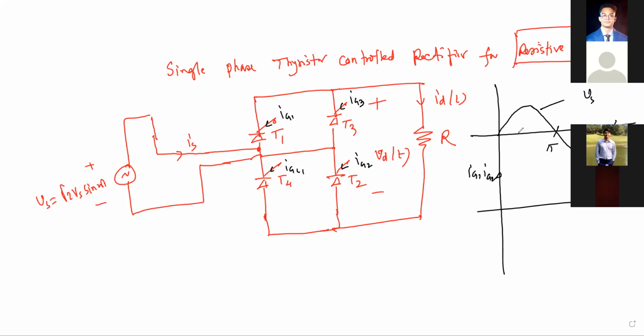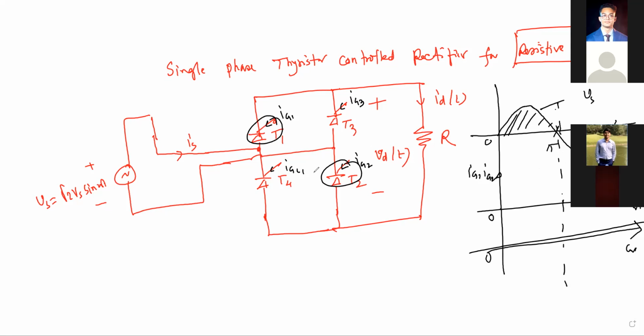Okay, so for the positive half cycle, T1 and T2 will be forward biased. Am I correct or not? Yes, sir. Current will go like this.